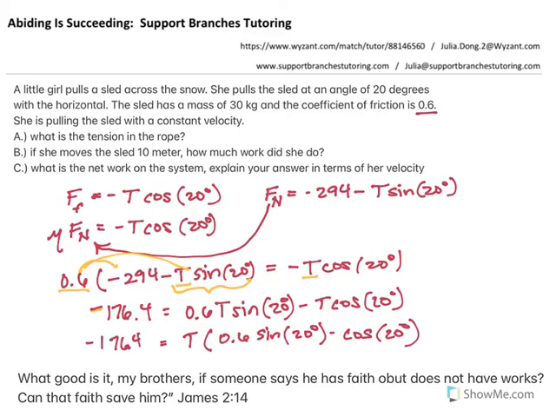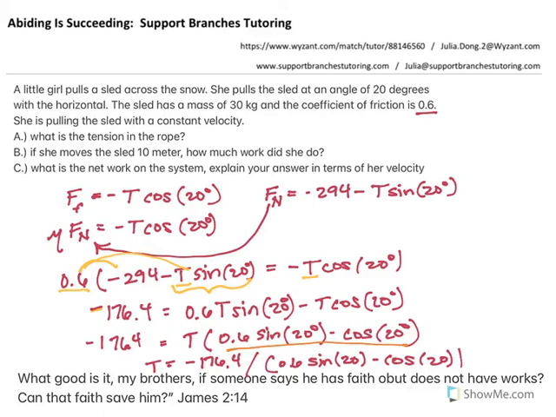So let's go ahead and plug this into our calculator here, and divide both sides by that number to solve for T. So our tension is going to equal negative 176.4 divided by this whole thing. When you're doing this, we're in degrees, so just make sure your calculator is in degrees and not radians.